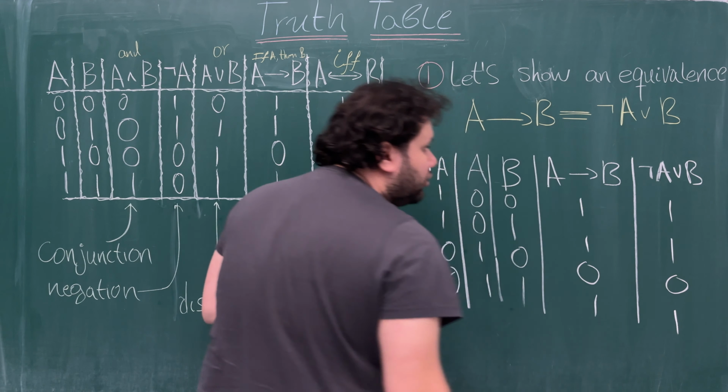We can notice that this statement takes the same values for all the possible cases of A and B. For the first one, they are true, then true, and this one is false, and the other is true. So it means that these two statements are equivalent.